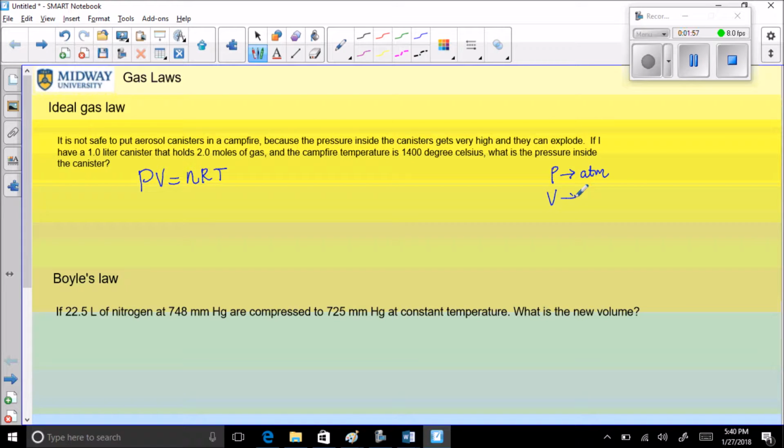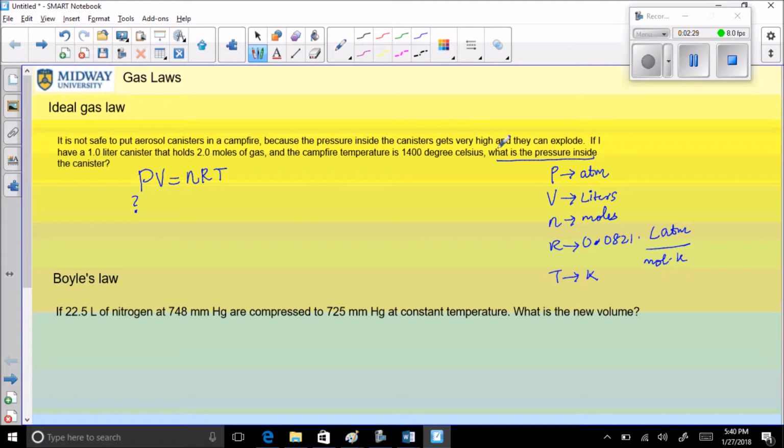V must be expressed in liters, n must be expressed in moles, R has a value of 0.0821 liter atmosphere per mole Kelvin, and T must be in Kelvin. Now this question is asking what is the pressure, so we are trying to find pressure.